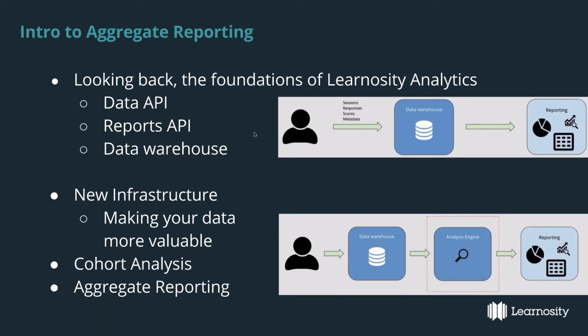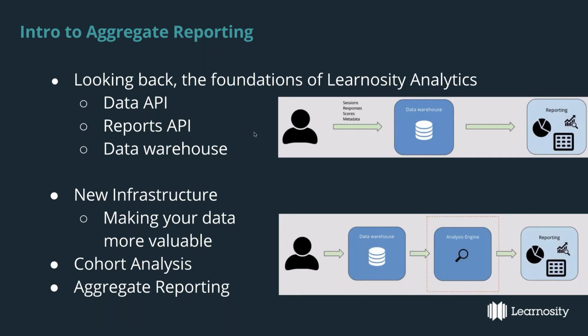Now, the new infrastructure. In Sydney, we have a team of developers with the mission statement to make our customers' data easily accessible and more valuable. So in 2016, they built out the infrastructure to facilitate large-scale data analysis. This introduced an analysis engine which looks at the data which we already have and tries to make it more meaningful.